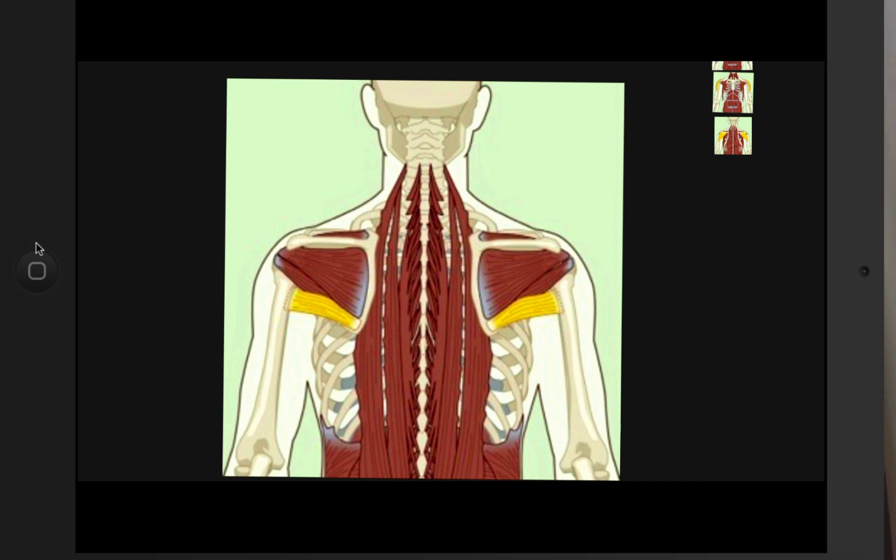Well, as it does that, guess what? It can do the same joint actions. It can do internal rotation at the humerus. It can do adduction concentrically. It can do extension concentrically. It can also decelerate external rotation at the shoulder. It decelerates abduction in the frontal plane and flexion in the sagittal plane. Oh my gosh, Rick, this is so much. The joint actions are so much. I get it.